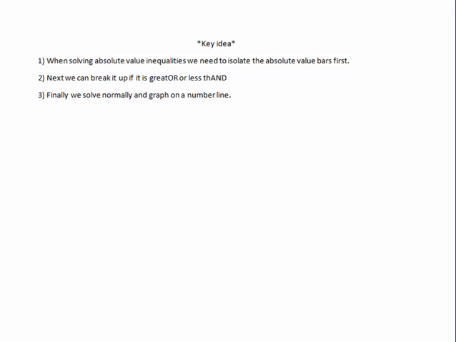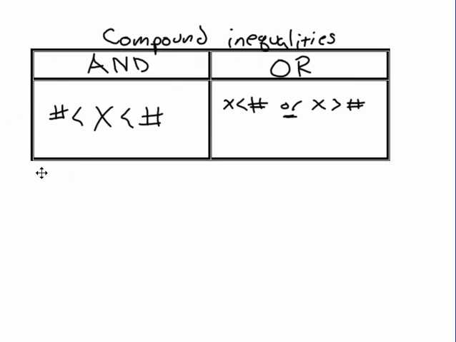The key idea here is that we're going to solve the absolute value inequalities, and we're going to isolate the absolute value first. That has to be the very first thing we do. Next, we break it up according to whether it's greater or less than. Now, I misspelled these words on purpose because less than will go here.